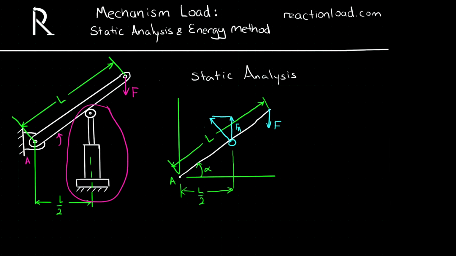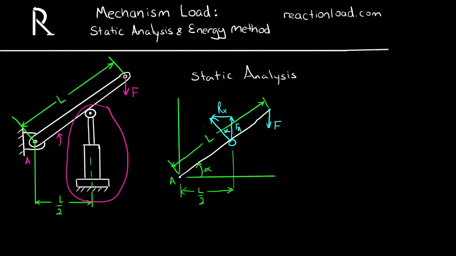Then we have some reaction in the X direction. Fortunately, from geometry, we can work out that the angle between the actuator force FA and the reaction force Rx is just alpha. So we'll be able to work out Rx in terms of the actuator force.